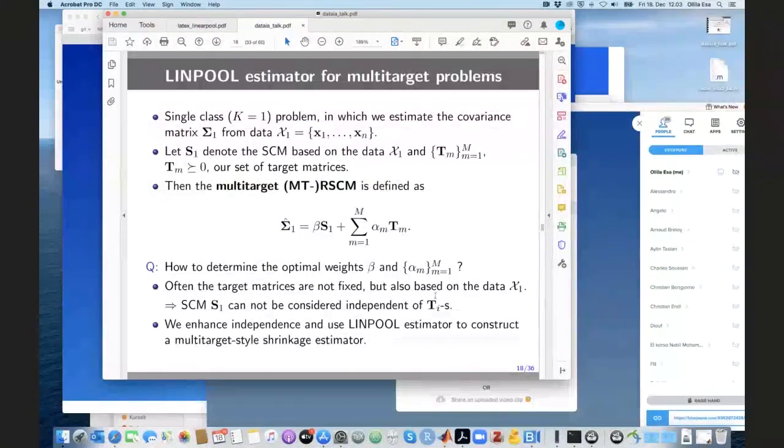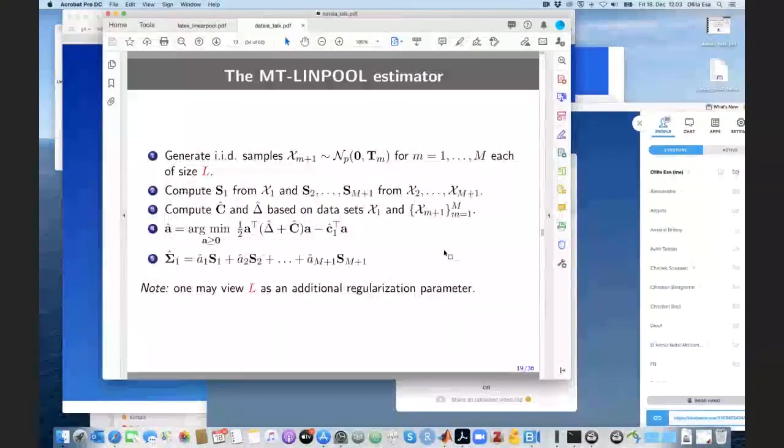So this may cause some problems, and that's why we propose a slightly modified version, which we call the multitarget LINPOOL estimator. Given these target matrices, it's good to remember that if they are estimated from the data, they already have some error in them.